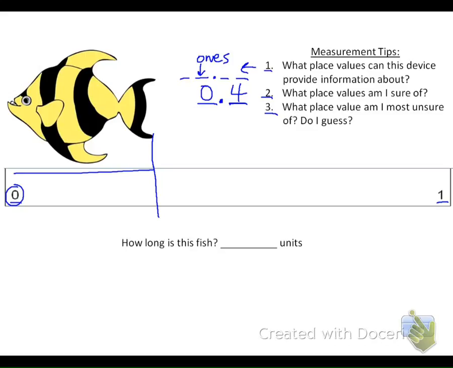Now, it's maybe not close to being accurate, but it's still okay. Once you place this guess into a measurement, you're done measuring because you've introduced error, and you don't want to guess any further than that and introduce more error, so you stop. So according to my measurement, 0.4 units is the length of this fish.